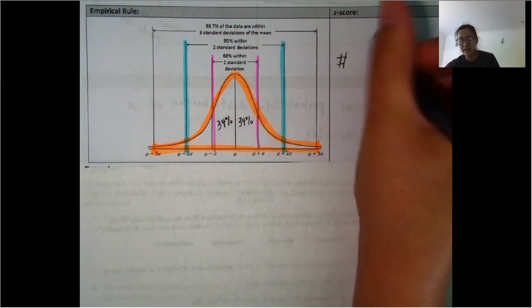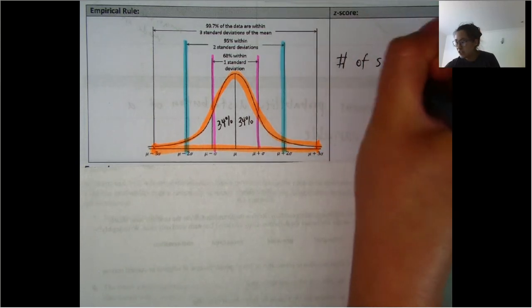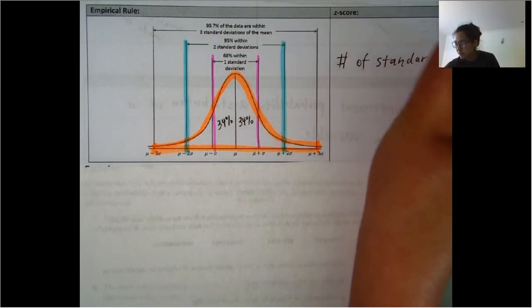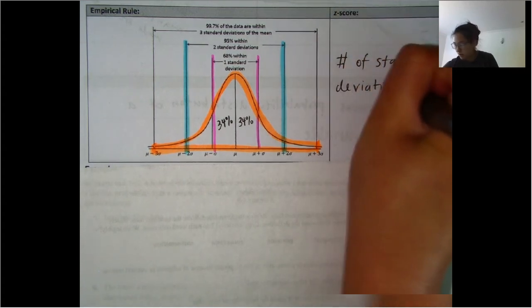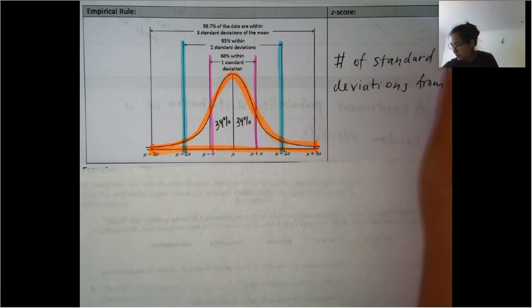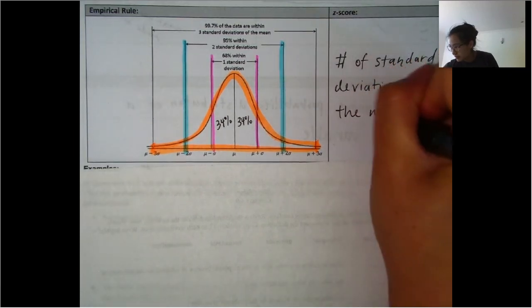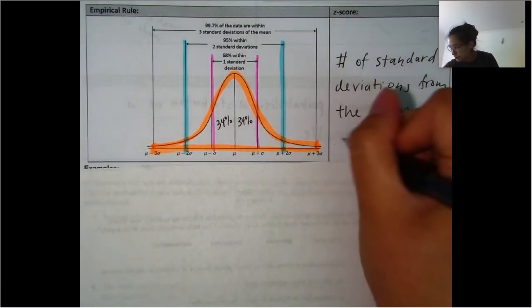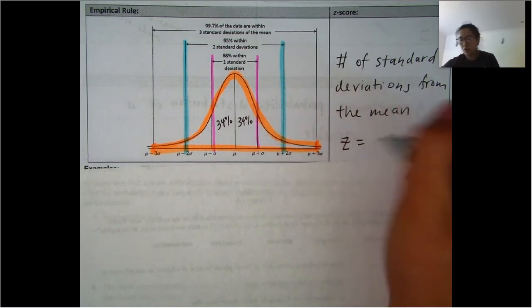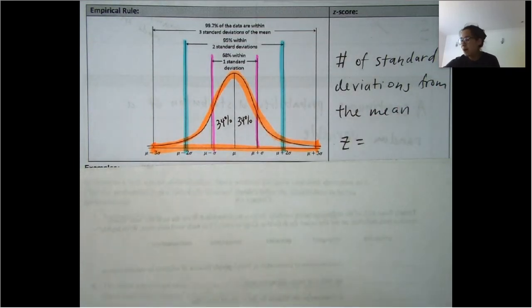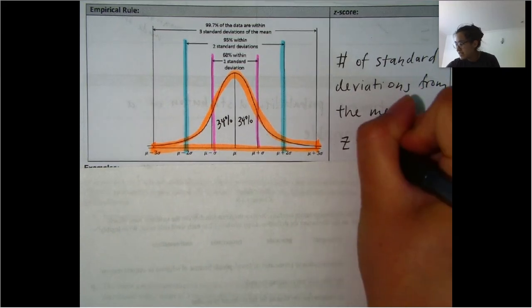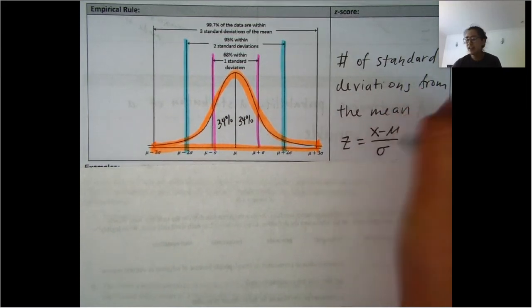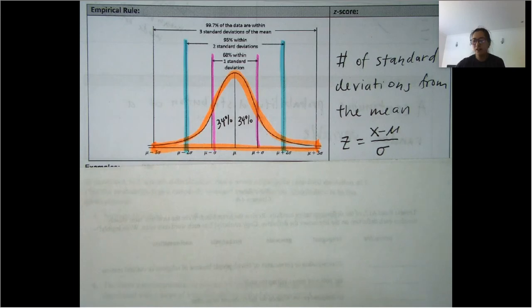So a z-score is the number of standard deviations from the mean. Whatever your data point is, if you do that minus the mean and then divide by the standard deviation, that would give you the z-score.